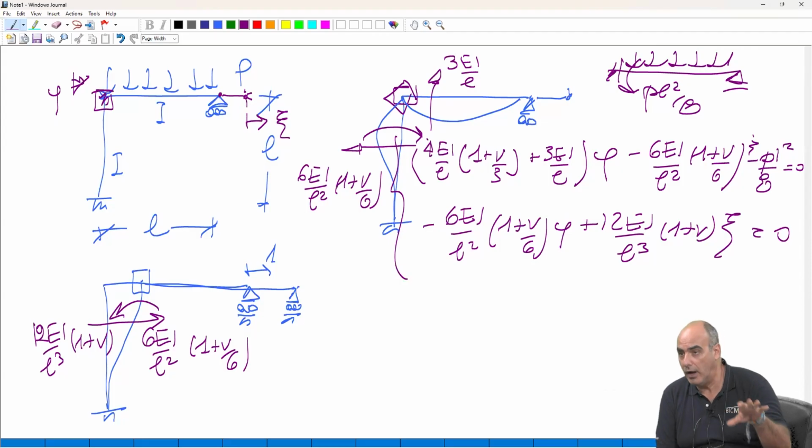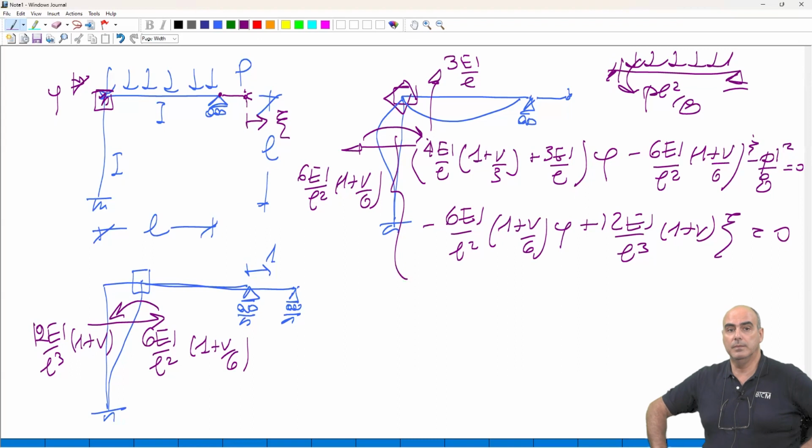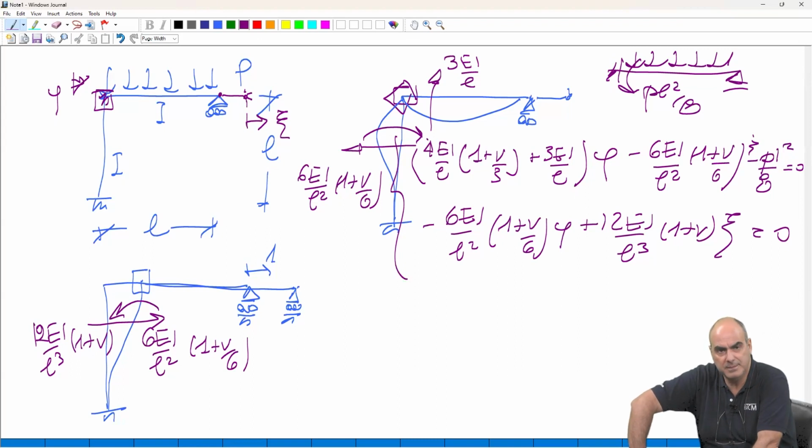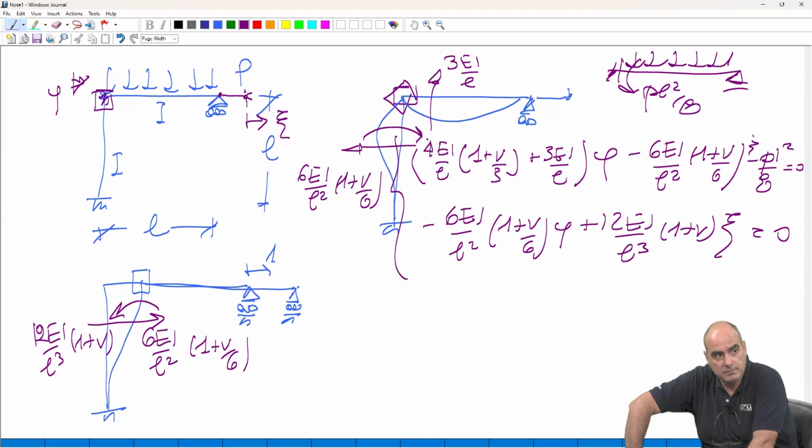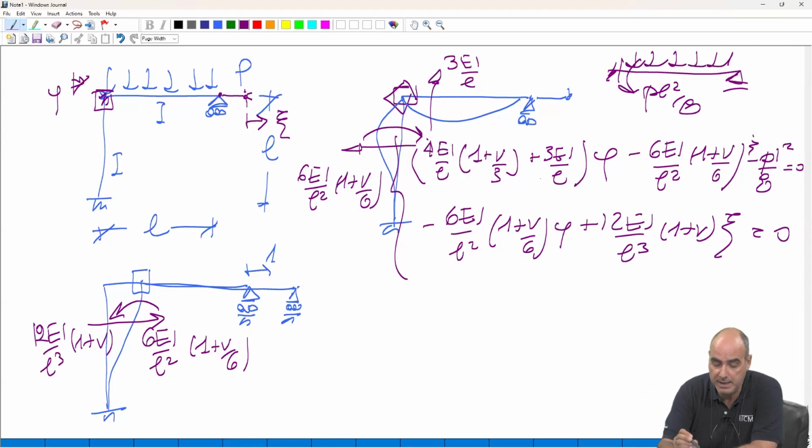Now, you can solve this system for phi and xc, or you can look for the critical load, which is the condition for the critical load. How did we implement it? Calculate the determinant and set it equal to 0. The determinant is this product minus this product. So what do we have?